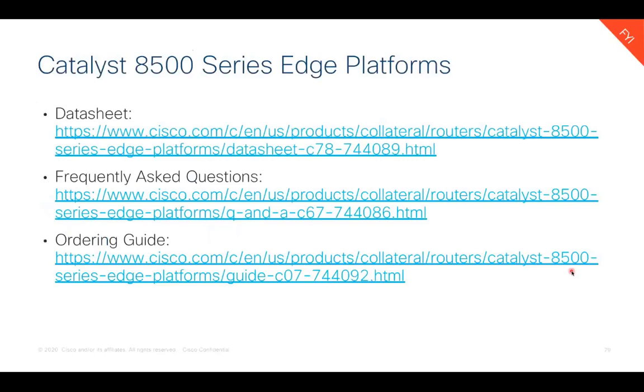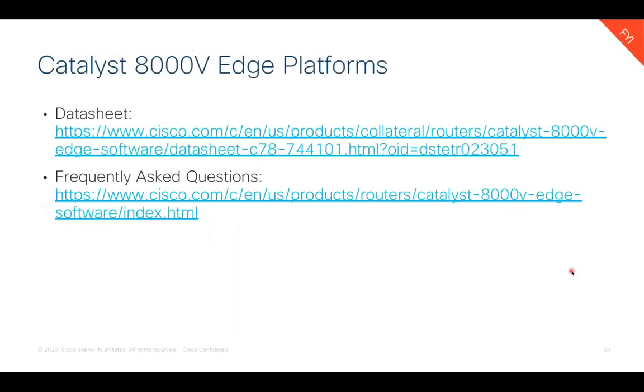To know more about the Catalyst 8000 series platform family and Cisco Cellular Gateway, we have added a few slides with external references to the data sheet, FAQ, ordering guides, and we have some community blogs, which are internal and external.